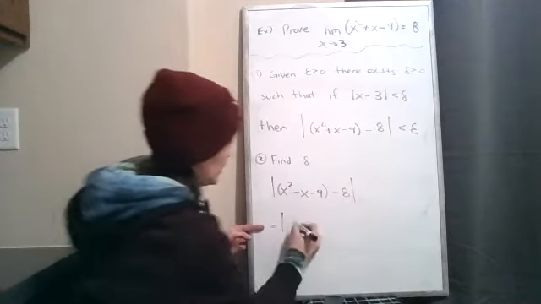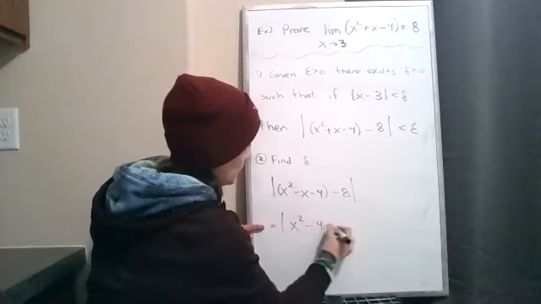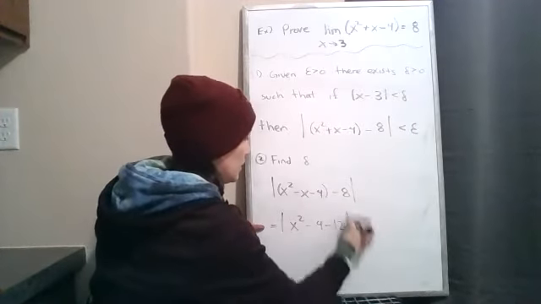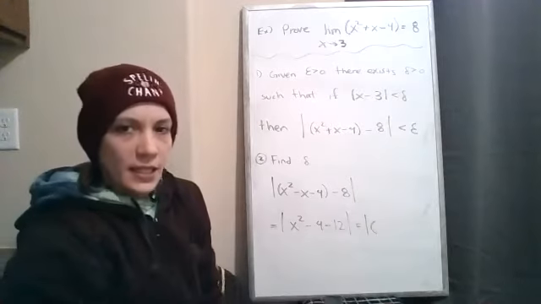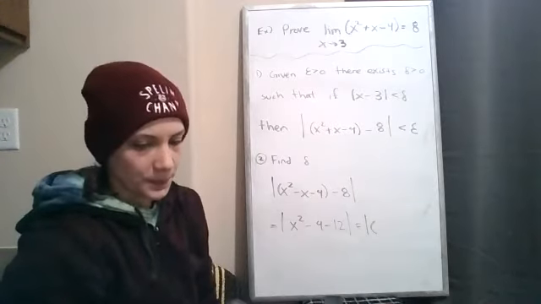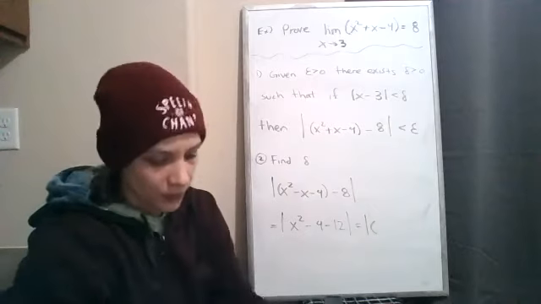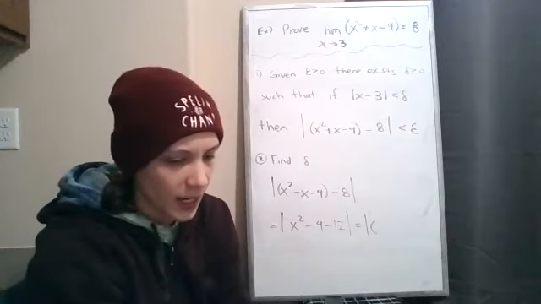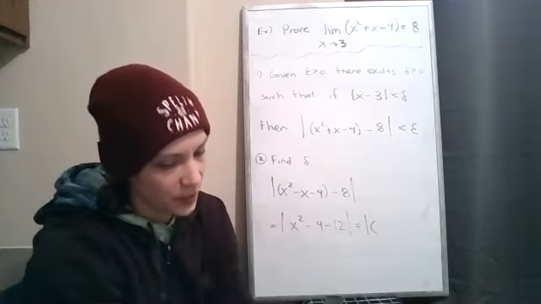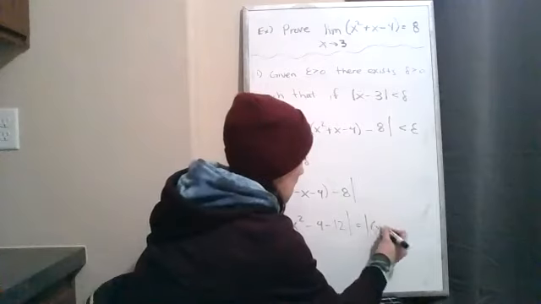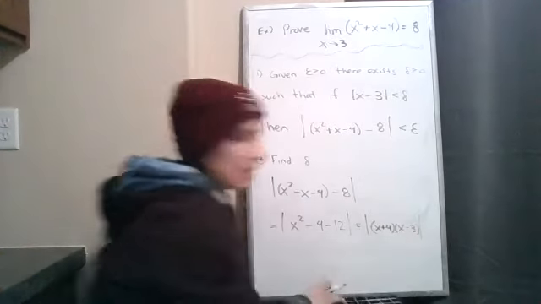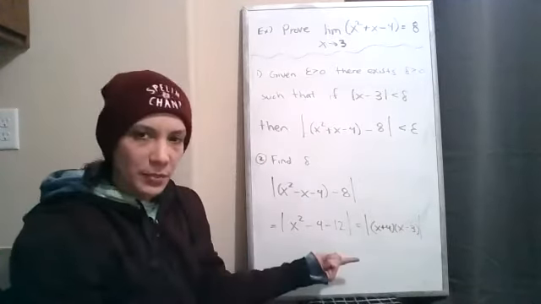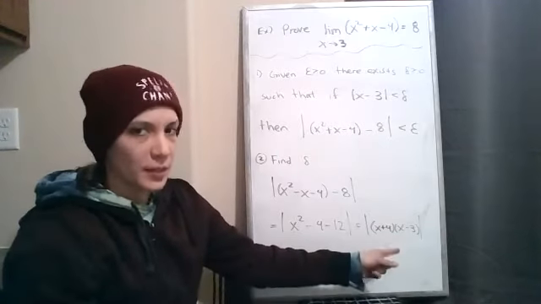That's the value x squared plus x minus 4 minus 8. Let's see, you factor this and get x plus 4 times x minus 3. And then we can have the absolute value of x plus 4 times the absolute value of x minus 3.